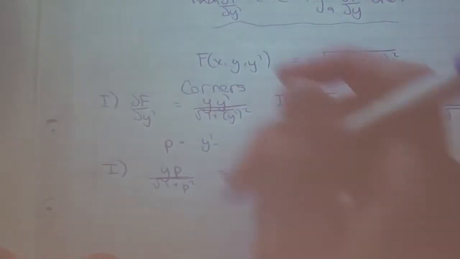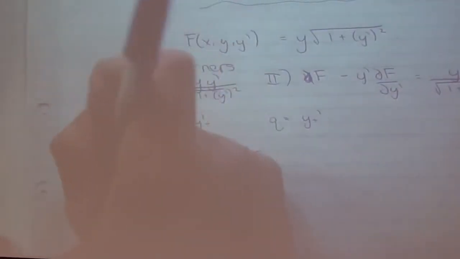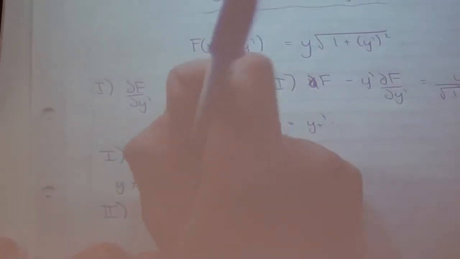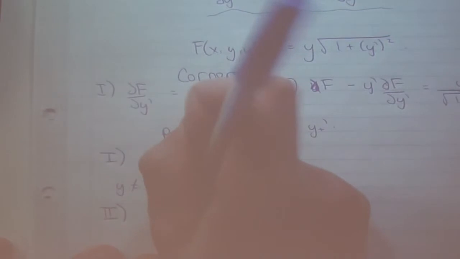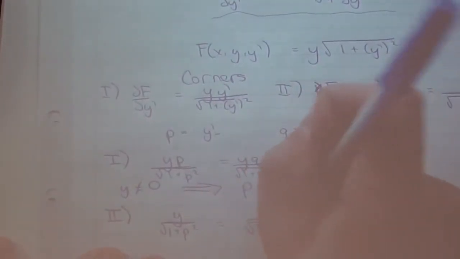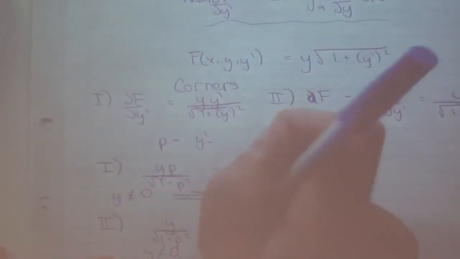So, in this case, if y is not equal to 0, this implies that p equals q. And then we check the second condition, where y on root 1 plus p squared equals y on root 1 plus q squared. Again, we get this condition that if y is not equal to 0, p equals q.